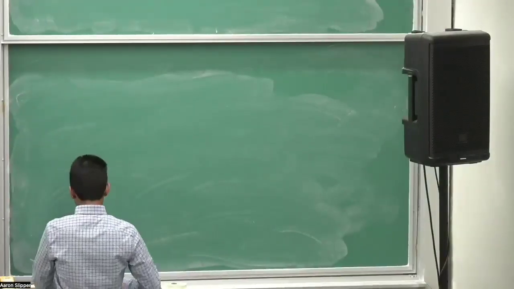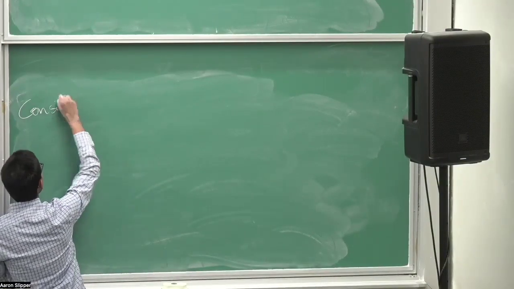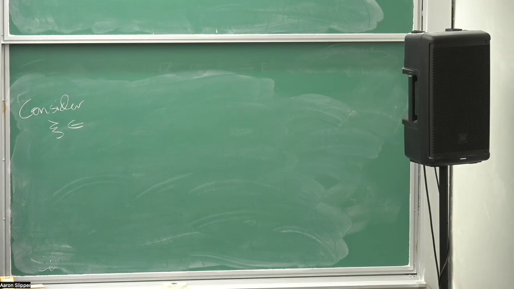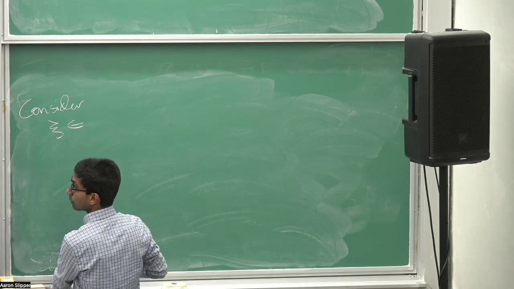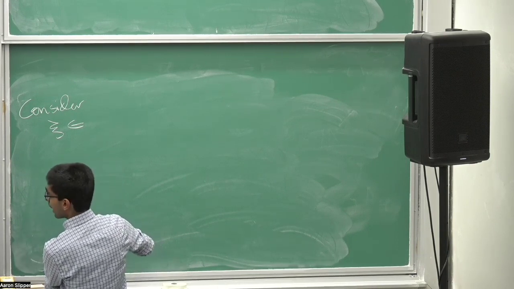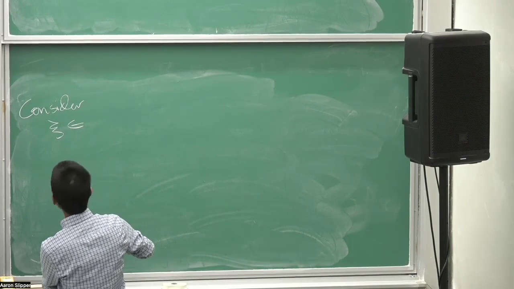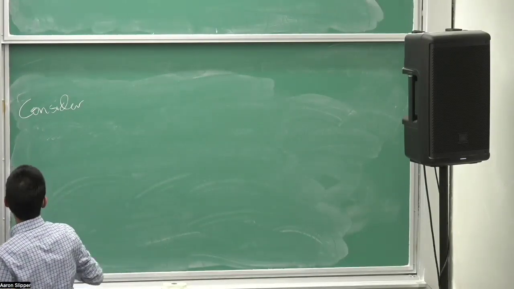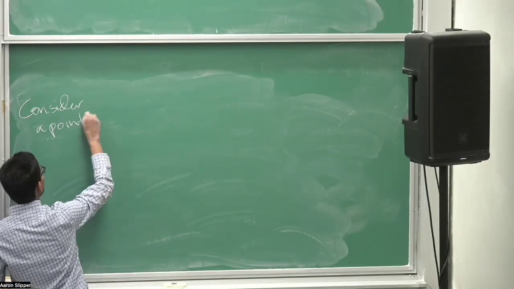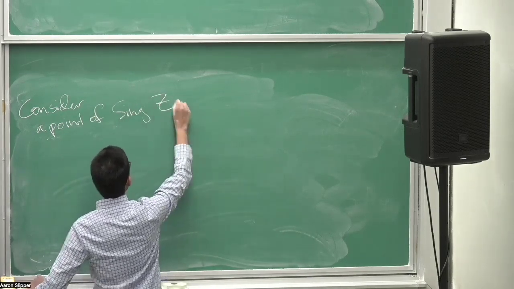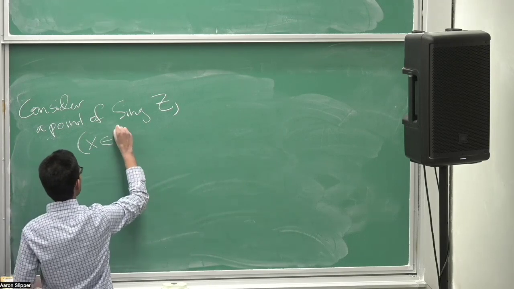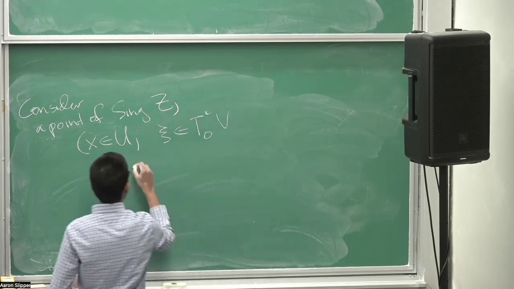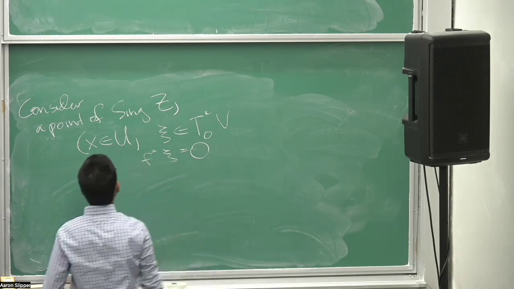Okay, so as before, let's consider an element in this Sing of Z. So in particular, consider a point of Sing of Z. Explicitly, that means a pair x in U and a point ξ in the tangent space at 0 of V, with F upper star of ξ equal to the given element.